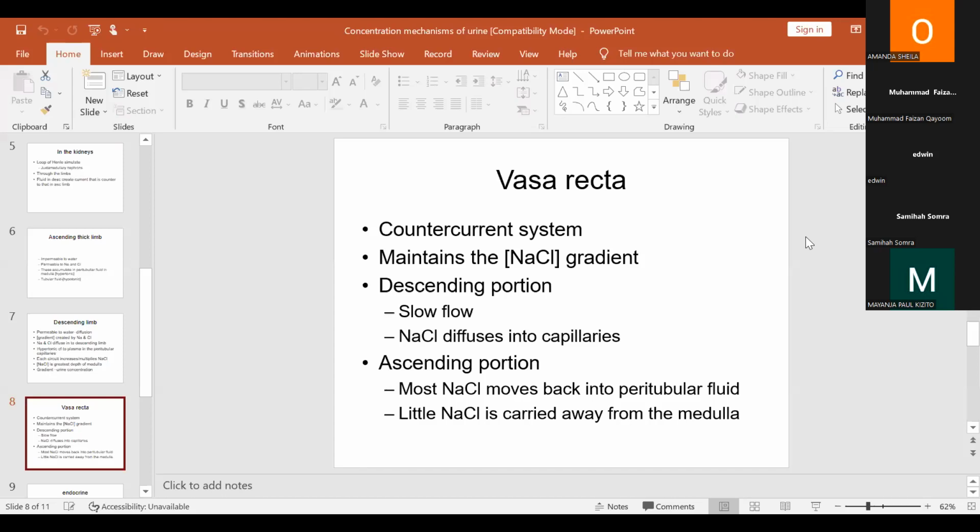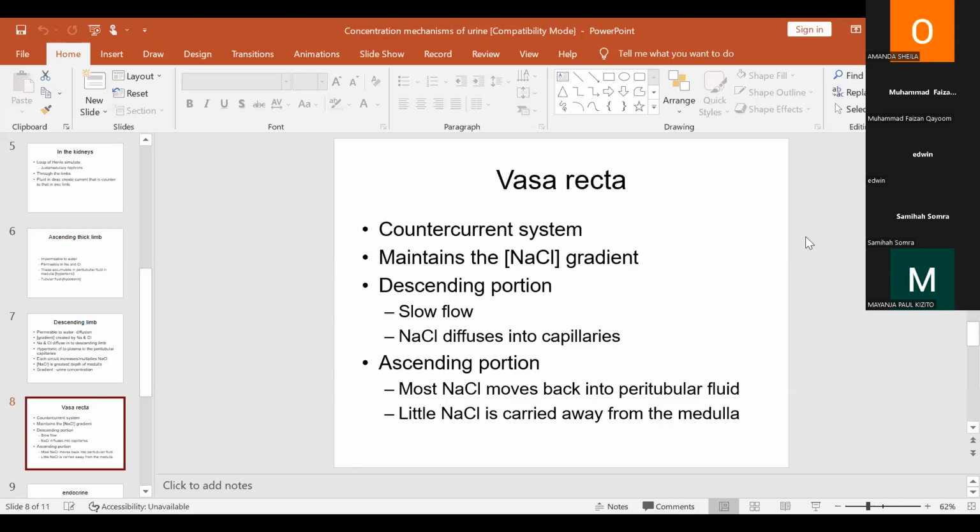So let's look at the descending portion of the vasa recti. The flow is slow. Sodium diffuses into the capillaries. Remember that capillaries are vessels, really, and they are permeable to both water and sodium chloride. In the countercurrent multiplier, we saw that the descending loop of Henle is permeable only to water and not to sodium.